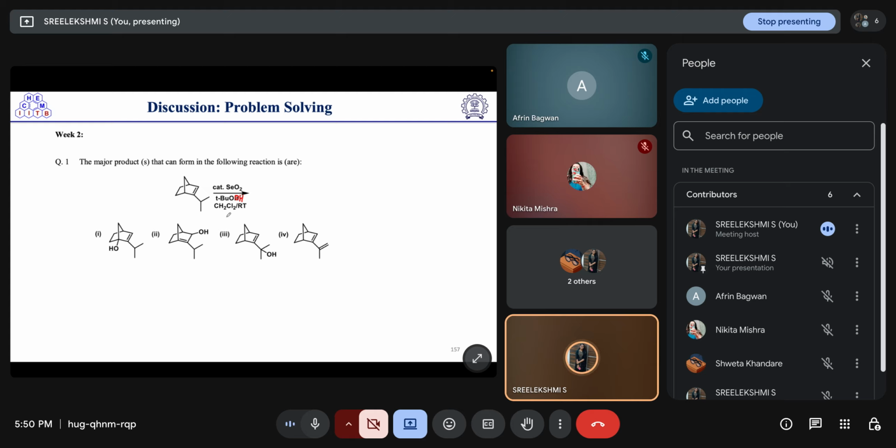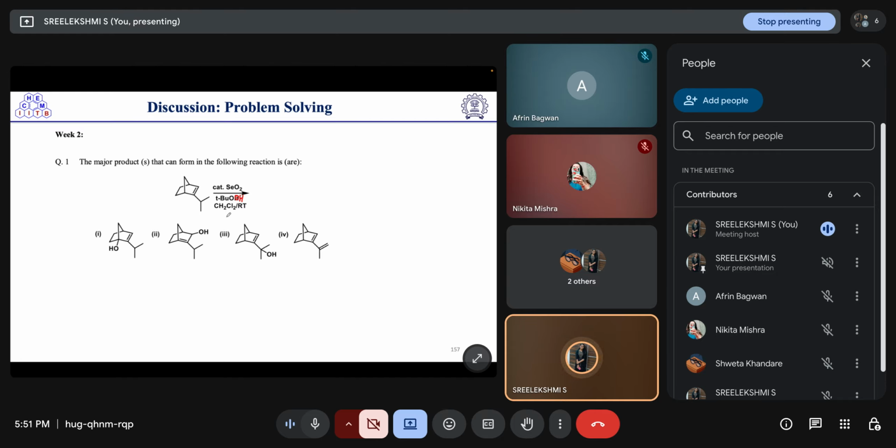For this SeO2 mediated oxidation, there are certain rules to predict the regiochemistry of the reaction. We have seen that oxidation occurs at the more substituted side of a double bond, and the allylic hydrogen will be taken. I'm not going into detail of that.